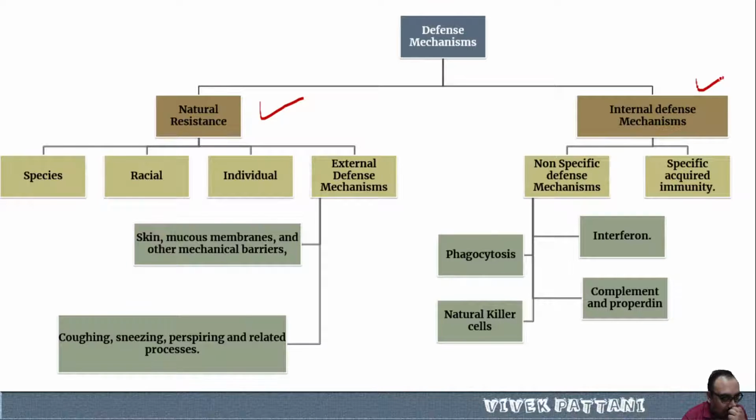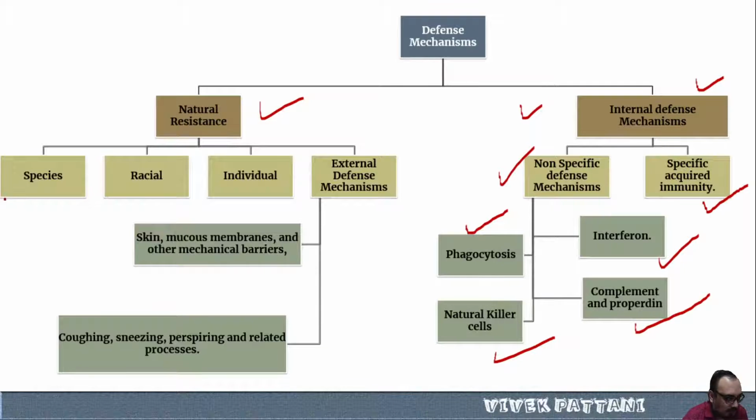You have already studied the internal defense mechanisms, which involve non-specific defense mechanisms and specific acquired immunity. Non-specific defense mechanisms include phagocytosis, natural killer cells, interferons, and complement and properdin.